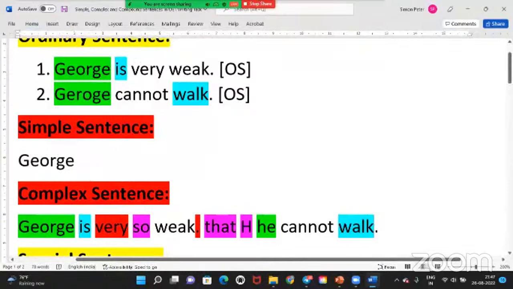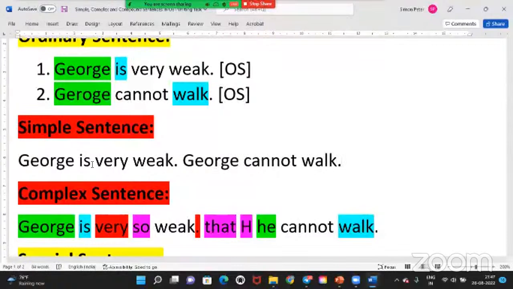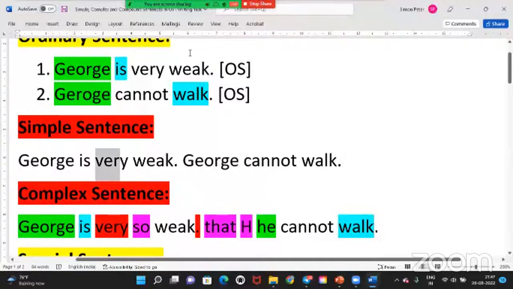Full stop. George cannot walk. Now, these 2 sentences, what we are doing is, in simple sentence, we will remove this. Okay. Now, how to join these 2 sentences? I am showing you in our style.